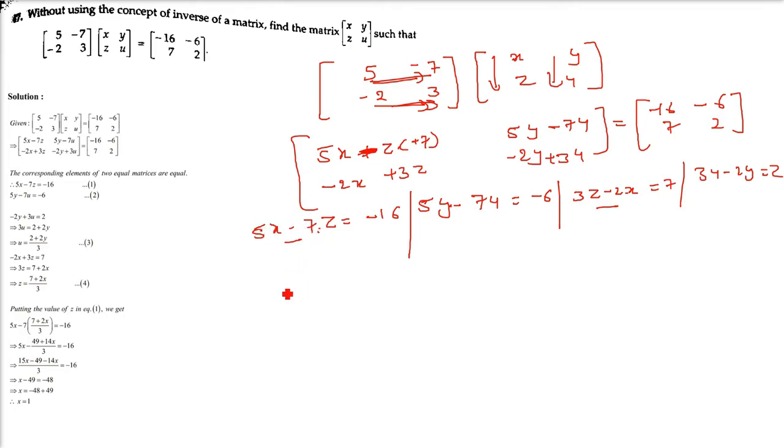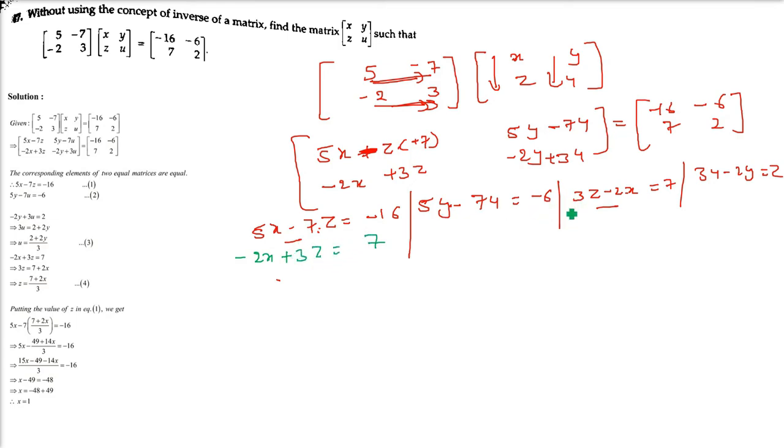So 5x minus 7z equals minus 16. This is one of the equations. Let me write it here, and we need one more equation, which is minus 2x plus 3z equals 7. You can either multiply both equations by a certain number so that one of the parts becomes equal, and then add or subtract.